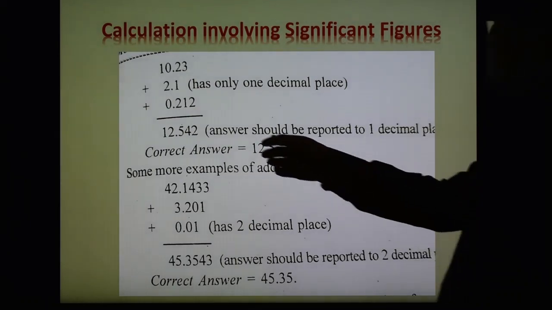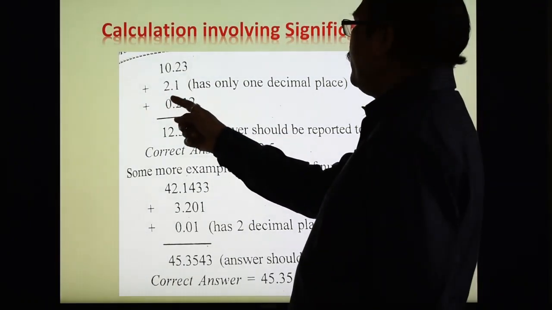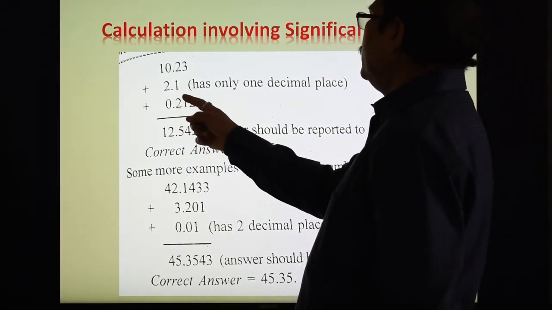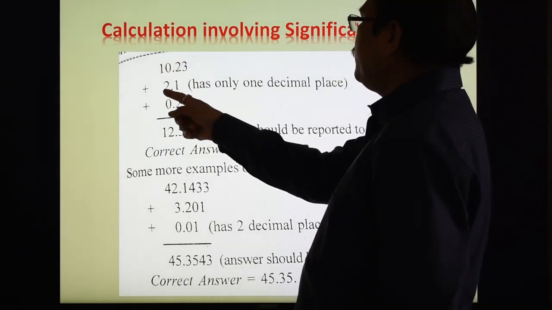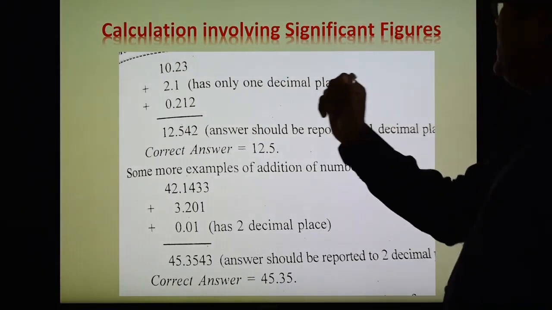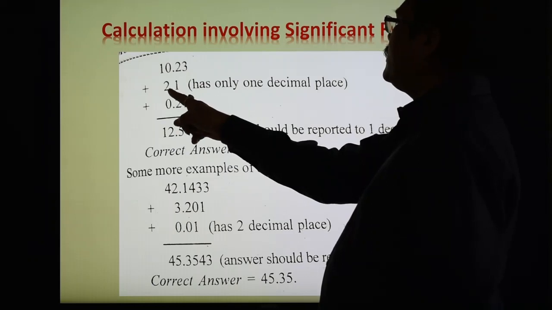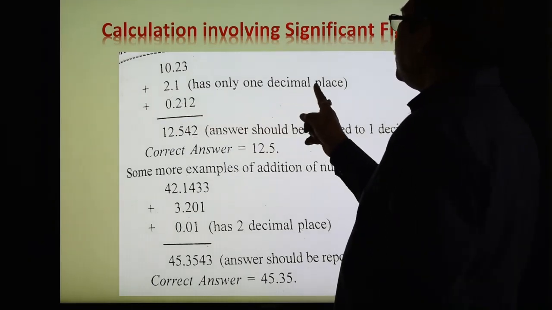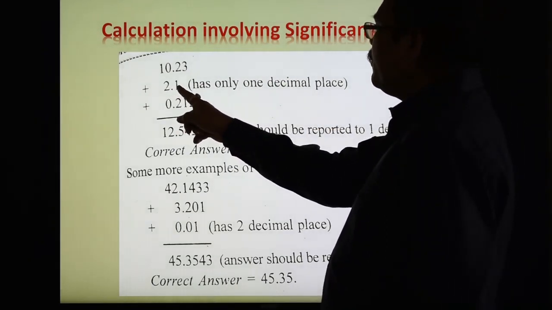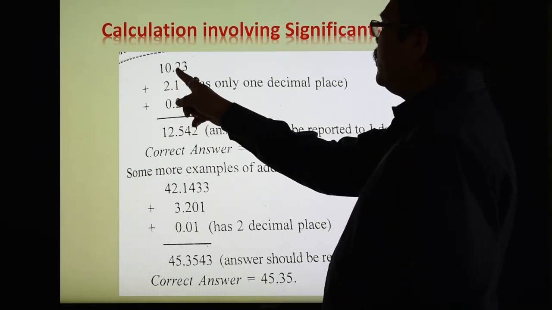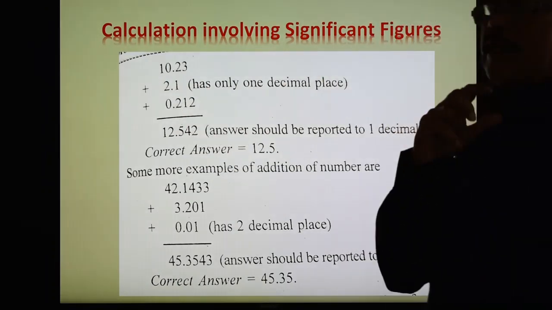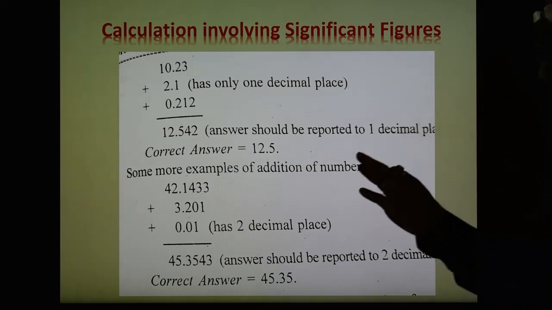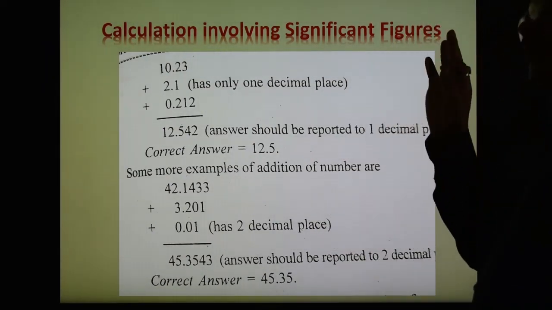So here we have 10.23 plus 2.1 plus 0.212. Out of these three numbers, this one has only 1 decimal place, here 2 decimal places, here 3 decimal places. So the least is 1, and therefore the final result should also be reported up to 1 decimal place.